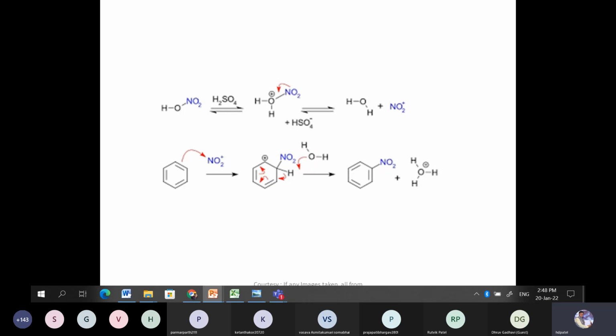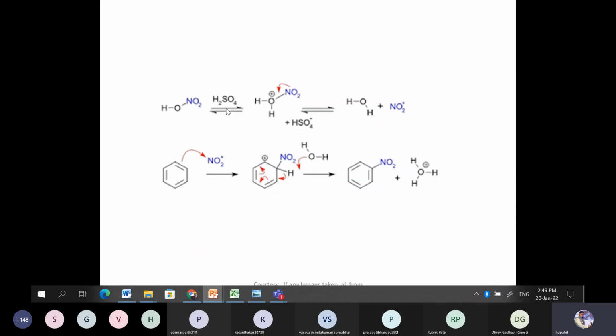Now for nitration of a compound, what do we require? We require nitric acid and sulfuric acid. What is the role of nitric acid and what is the role of sulfuric acid? Nitric acid acts as a reactant and sulfuric acid will act as a catalyst. How does it act as a reactant and how does it act as a catalyst?